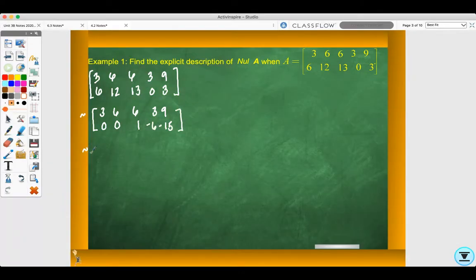Then I'm going to take 1/3 of row 1 to get 1, 2, 2, 1, 3, and not do anything to row 2 for the time being. My next step is to take negative 2 times row 2 and add it to row 1, so this becomes a 0.